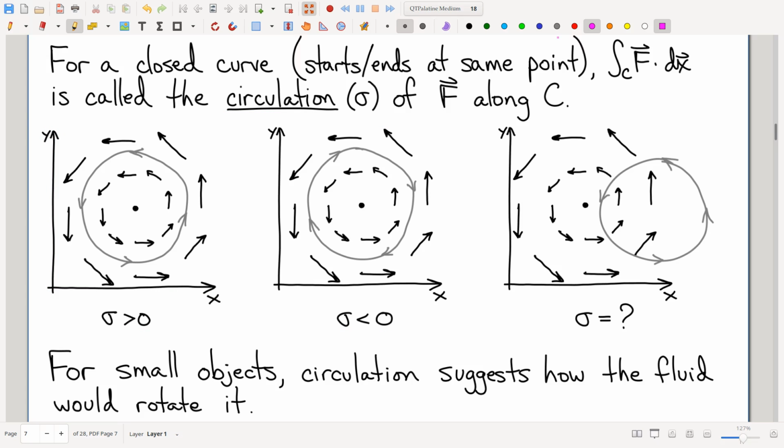And so, for example, if we think about this curve here, again counterclockwise, but kind of offset to the right now, well, awkwardly, the same fluid is sometimes going opposite the direction the curve is, but elsewhere is going in the same direction that the curve is.